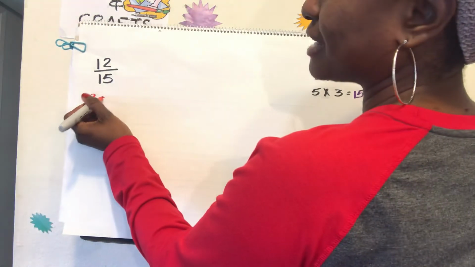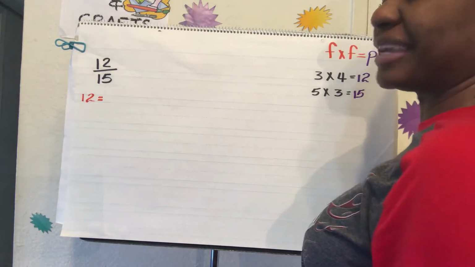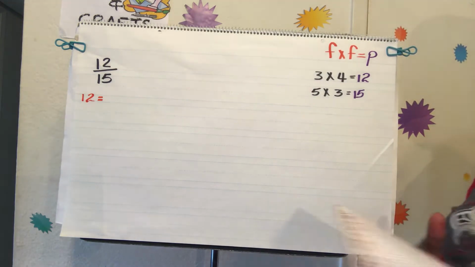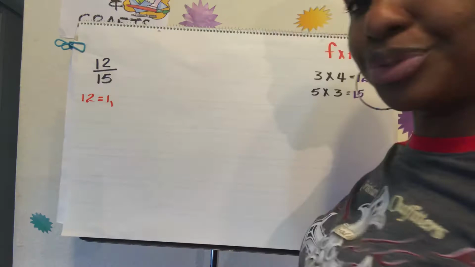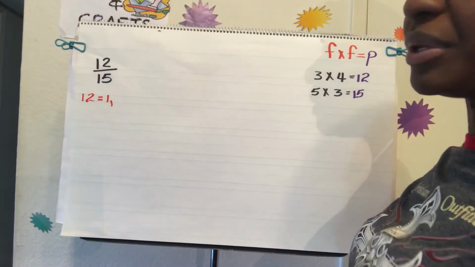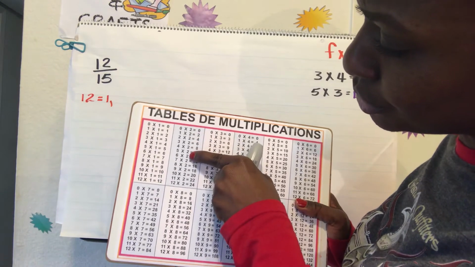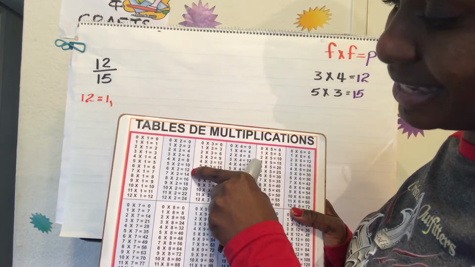What are the factors of 12? So say to yourself, can 1 go into 12? Absolutely. What about 2? Can 2 go into 12 without leaving any remainder? I'm going to look and see. Well, right here, 2s. Can that go into 12? Yes, it can go into it.